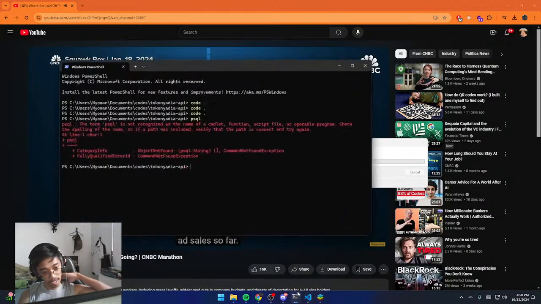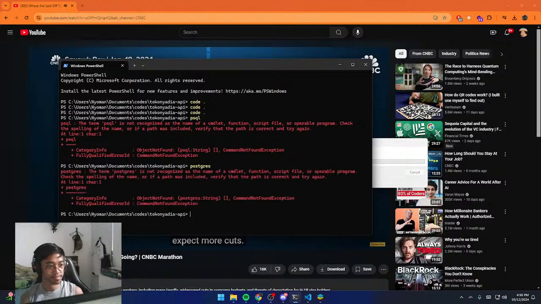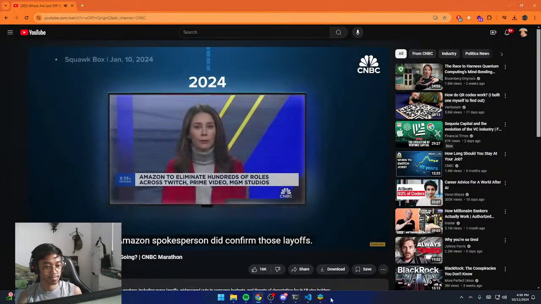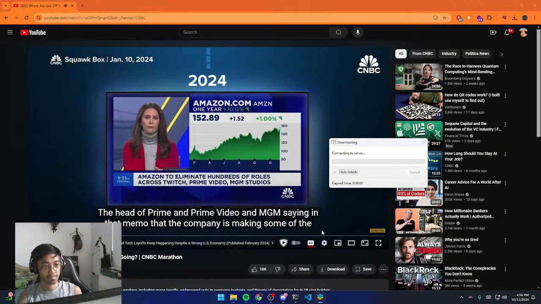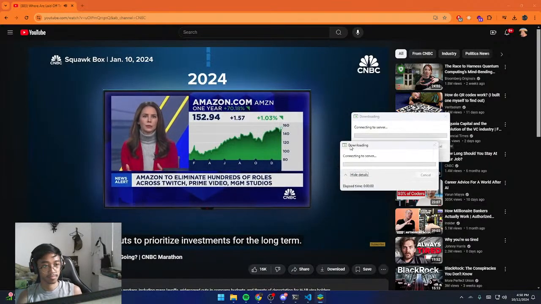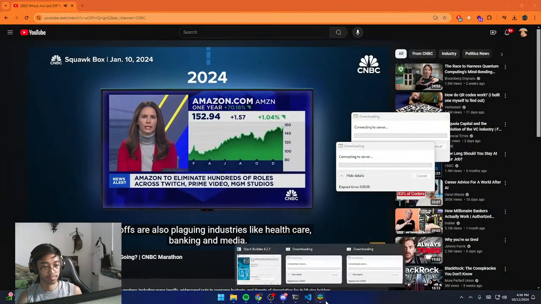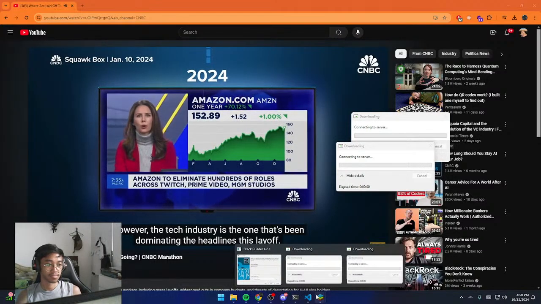Units affected also include hardware, engineering, ad sales. CEO Sundar Pichai told his workforce to expect more cuts. An Amazon spokesperson did confirm those layoffs. The head of Prime and Prime Video and MGM said in that memo that the company is making some of the cuts to prioritize investments for the long term. Layoffs are also plaguing industries like healthcare, banking, and media. However, the tech industry is the one that's been dominating the headlines.